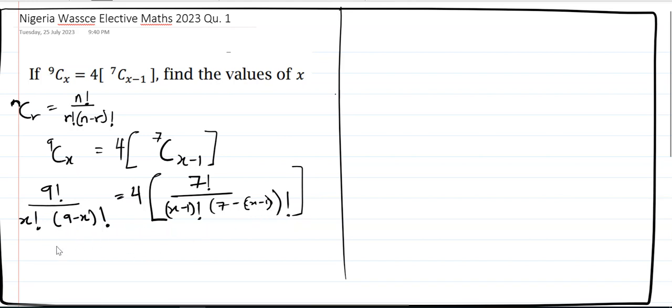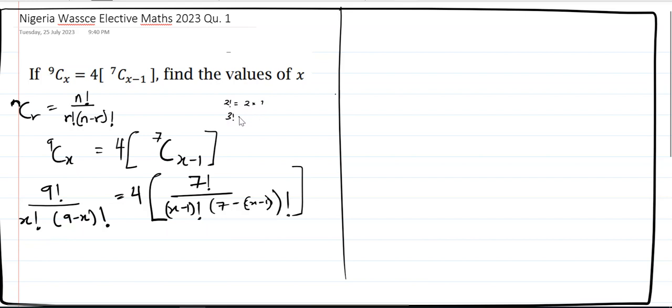simplify this one. Now, we know that when we simplify the factorial, it can keep on going and going until we end at 1, right? So we can see that when we keep on expanding, we can get a factor of 7 factorial in this 9 factorial, right? The meaning of factorial, whenever you are given a number factorial, it just means multiply the number down to 1.